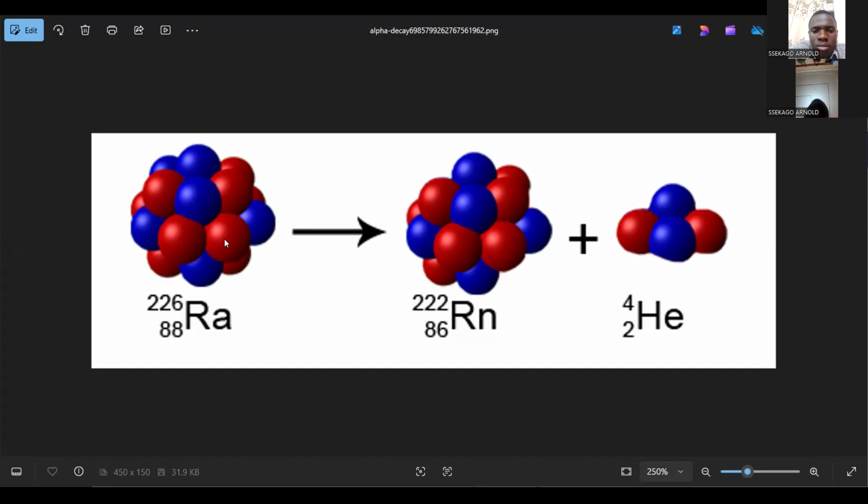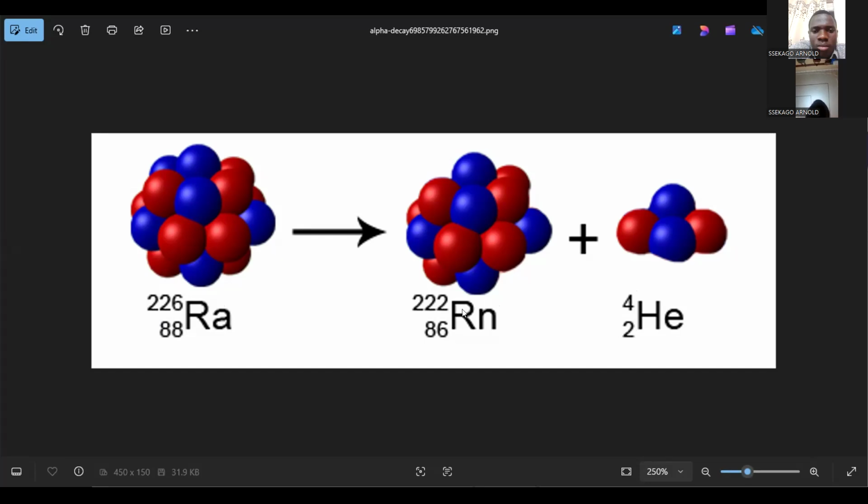The key idea is that once you have an atom of a radioactive element, if it breaks down by giving out an alpha particle, to obtain the new element which is formed, for example, here the new element which is formed is called radon.